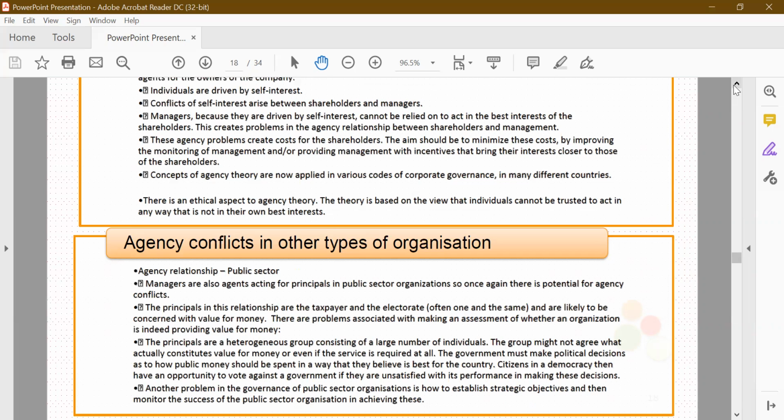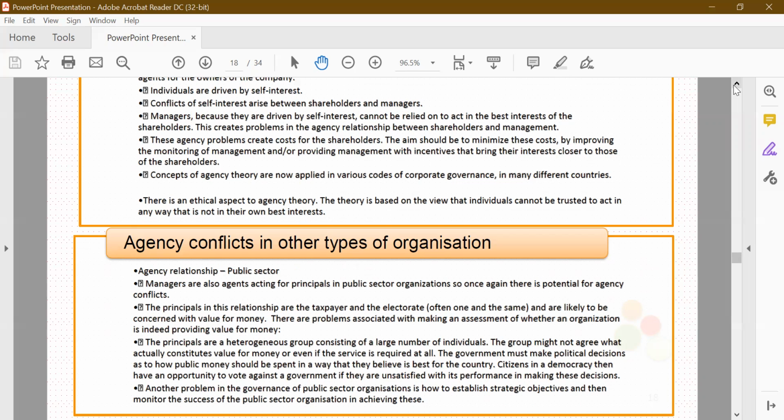And they are more interested in value for money. There are whole issues around appropriately assessing value for money. The principals are a heterogeneous group consisting of a large number of individuals, because the electorate consists of a diverse group of people. The group might not agree what actually constitutes value for money, or even if the service is required at all.